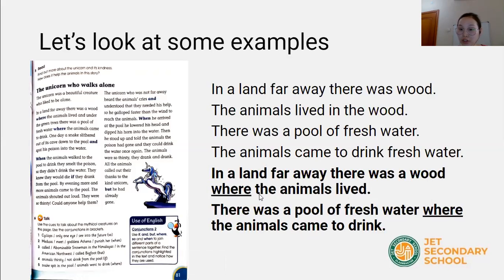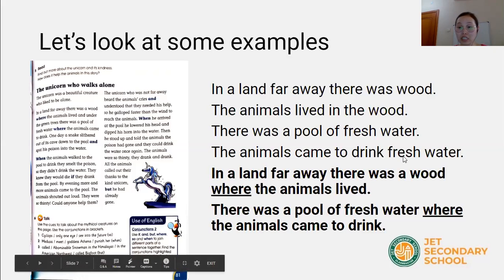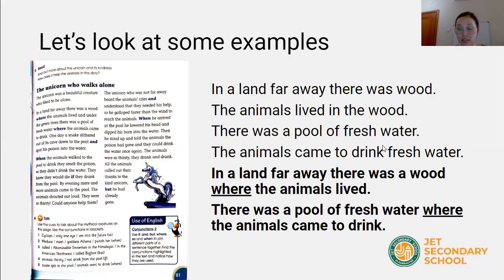The wood where the animals lived. Just like this, we use conjunctions to help us connect sentences and make more sense, and it's easier for us to read. Otherwise, if we read these sentences separately, it's going to be really hard to understand what they mean. So conjunctions are really helpful tools for our writing and also for reading.